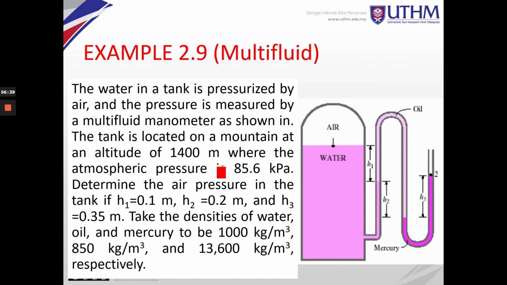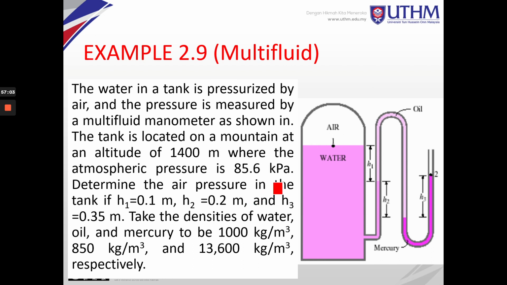Now this is a multi-fluid case. They have three different fluids here. The water in the tank is pressurized by air, and the pressure is measured by a multi-fluid manometer as shown. The tank is located on a mountain at an altitude of 1400 m where the atmospheric pressure is 85.6 kilopascal.